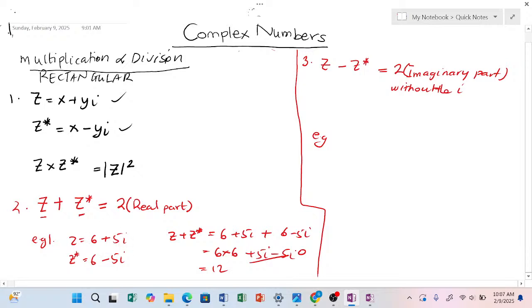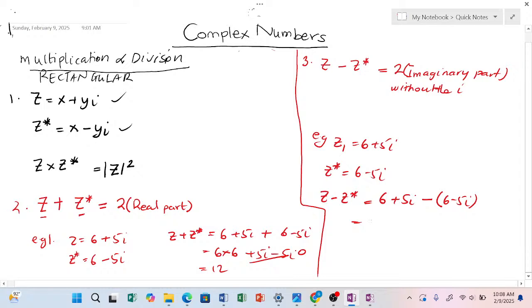Okay, let's see. So Z1 is 6 plus 5i. I want to see if the i will be part or the i will not be part. Z conjugate is 6 minus 5i. So we are finding this, right? And so we are going to get 6 plus 5i minus 6 minus 5i, right?